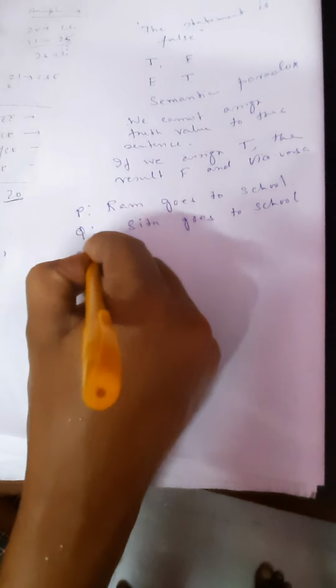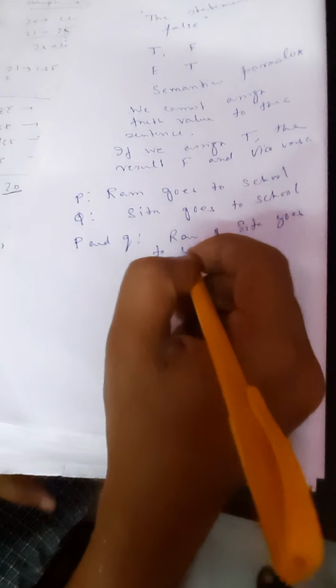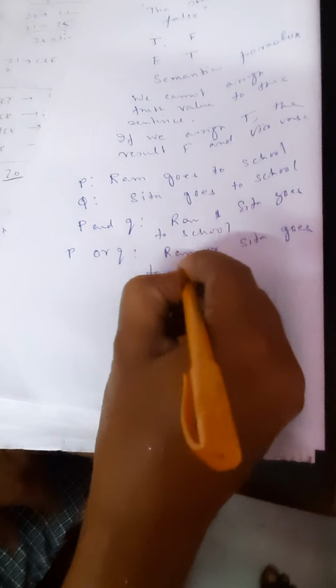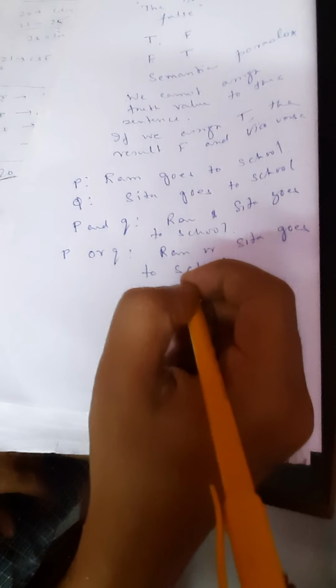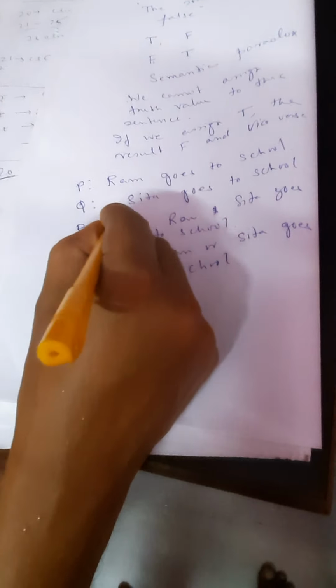It implies: Ram and Sita go to school. Again, if only Ram or Sita goes to school, we can denote it by or. That is, Ram or Sita goes to school. So what are we getting? We are getting logical connectives. These are called logical connectives, that is, and, or.